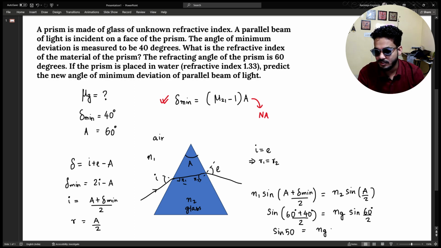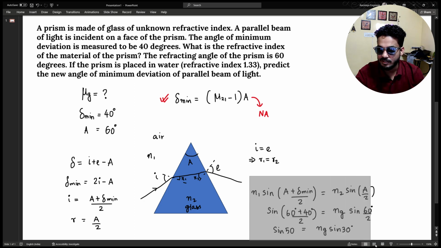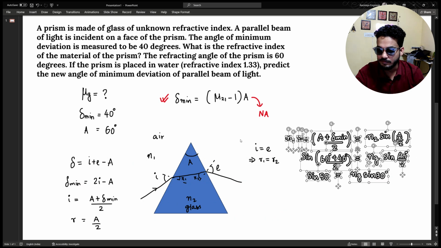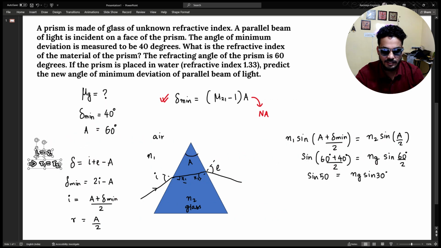Now when you solve this, you're going to get sine 50 is equal to ng into sine 30. There's no way you will know sine 50, so you're going to have to put it in a calculator.